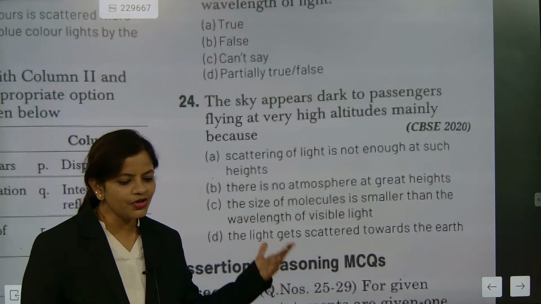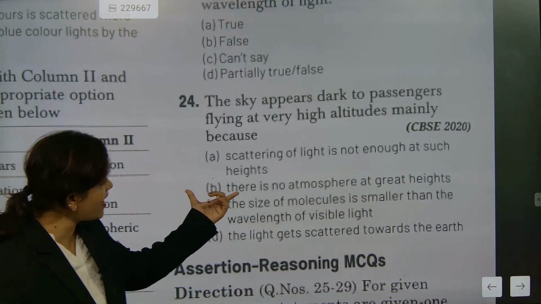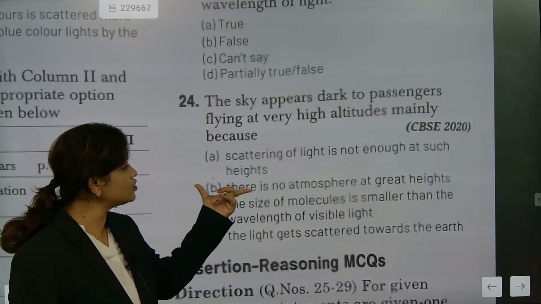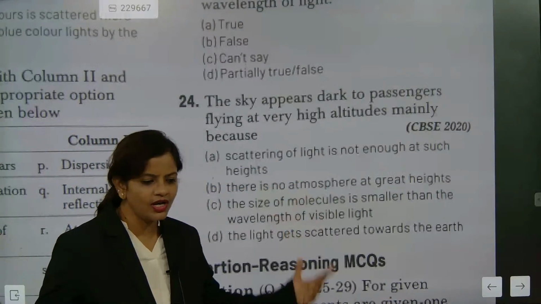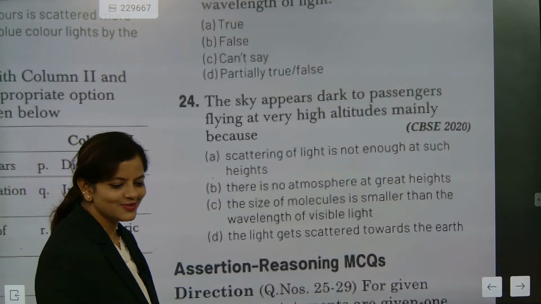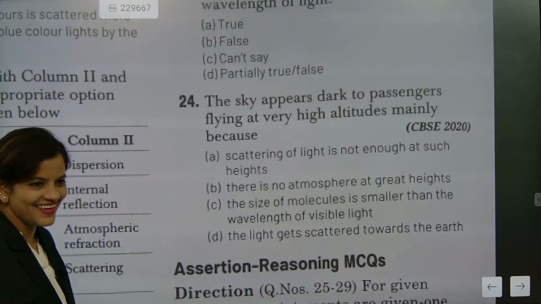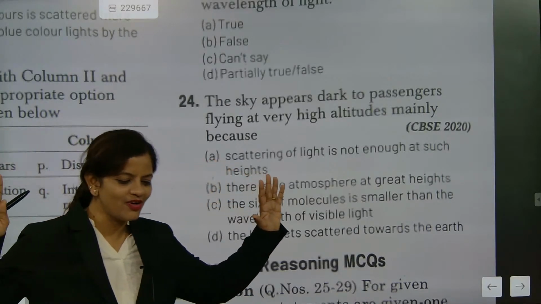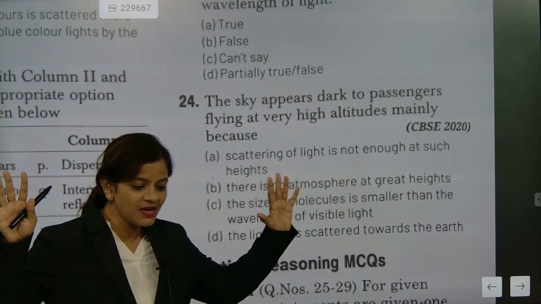At that altitude, you can't be. So the answer is A. Astronauts will come. Sorry, the answer is B. There is no atmosphere at greater height. Ma'am, the astronauts will come, not passengers. Passengers are astronauts only. Ma'am, the bus passenger. I hope everybody might have got it. I rest my case. This is B.